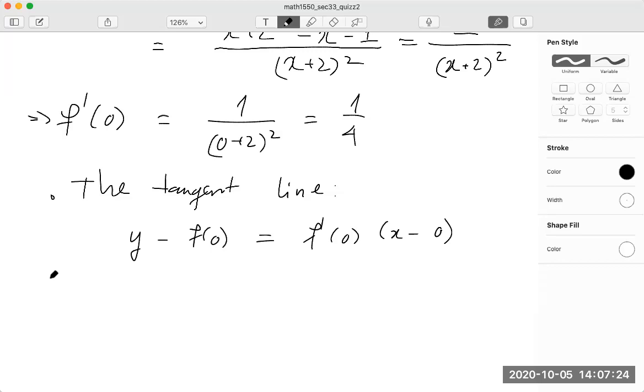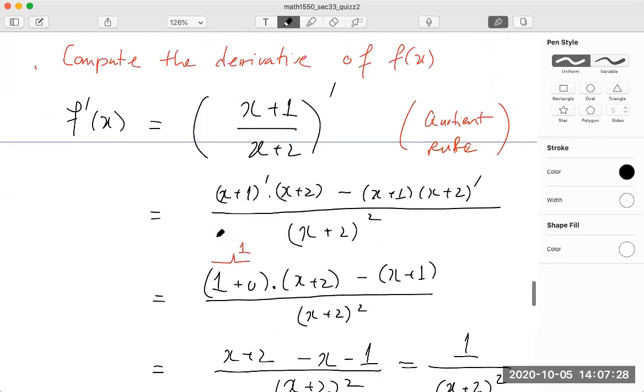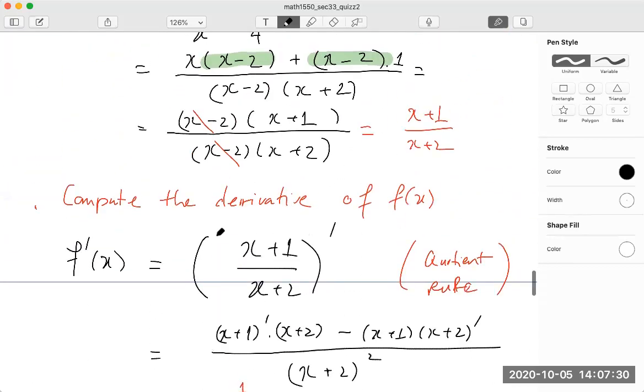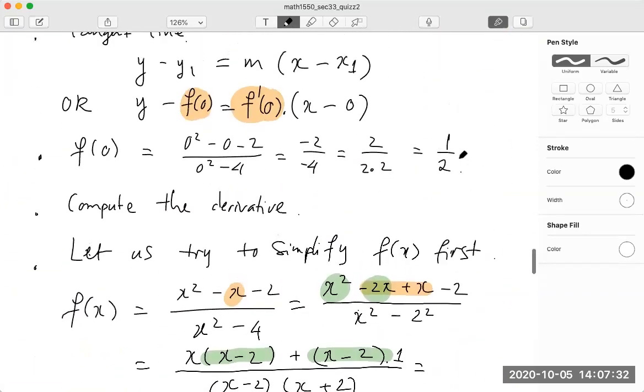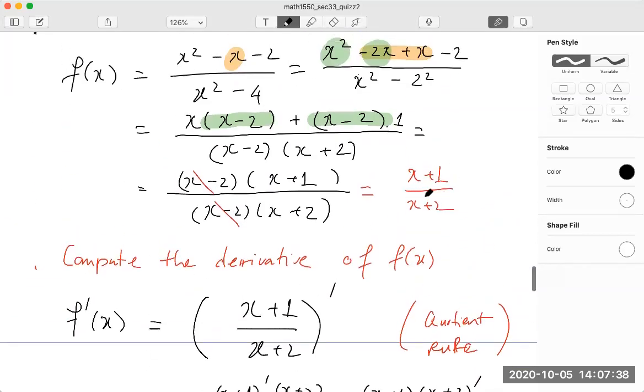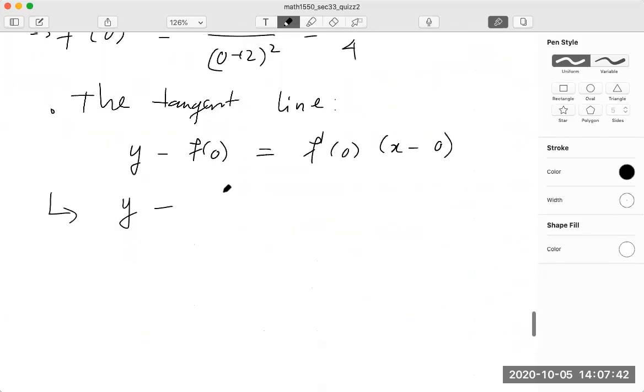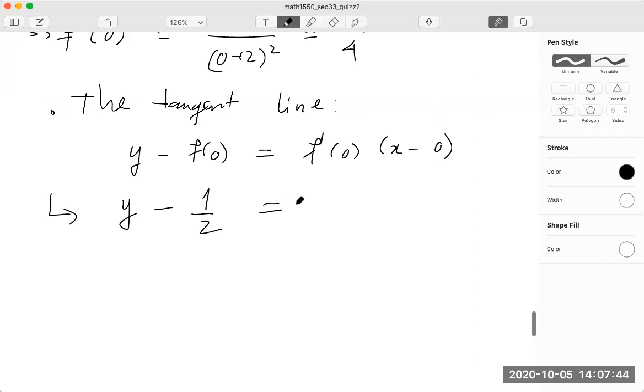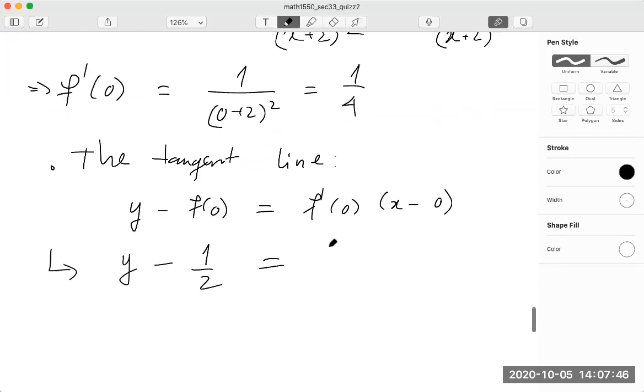And after some computation, we found that f at 0 was 1/2, right? We found it here, 1/2. Or you can find f of 0 from this formula, it gives the same result, okay? So it will be 1/2 here. The derivative of this is 1/4. Here, x minus 0, okay?